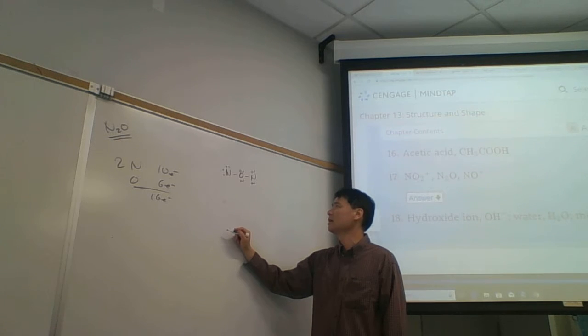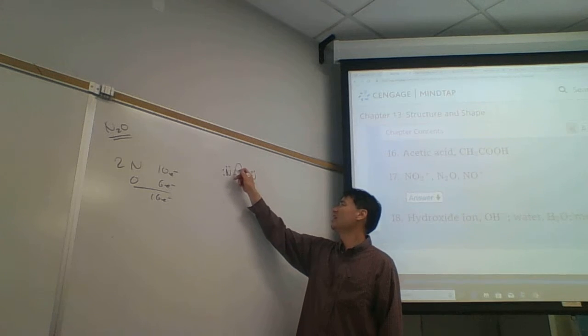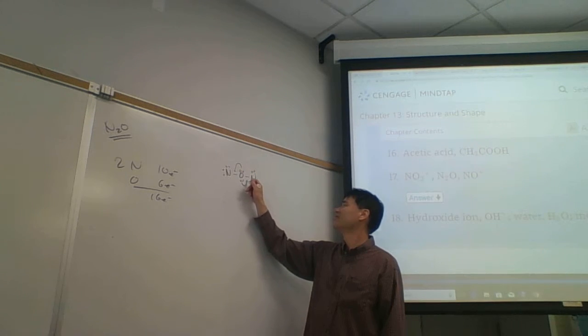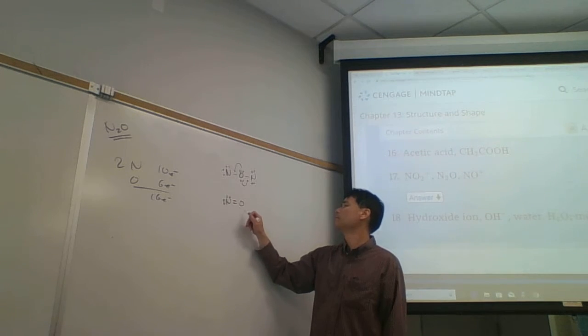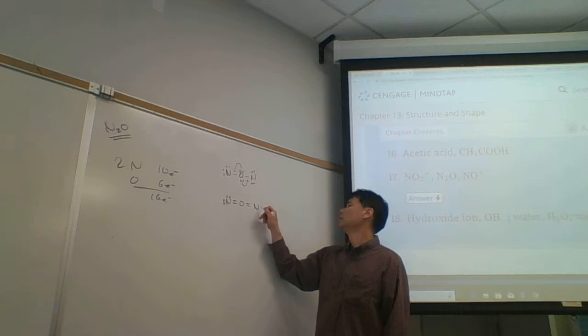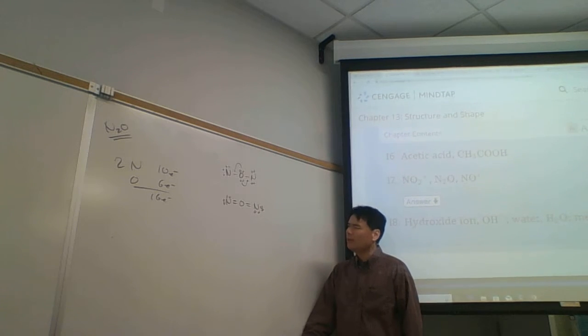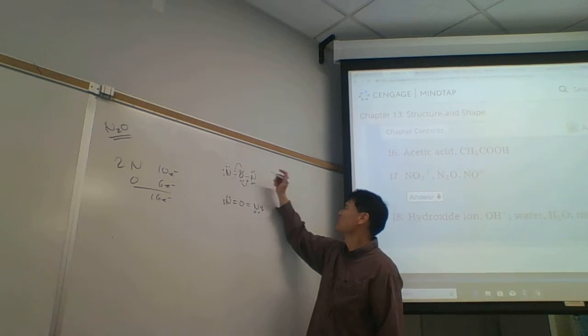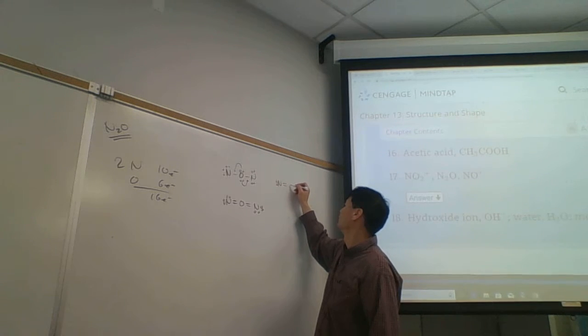How can I get an octet? Yeah, maybe I'll double bond. Maybe I'll double bond with the oxygen here. So let's try that. If I tried to double bond with the nitrogen's electrons, I still wouldn't get an octet.